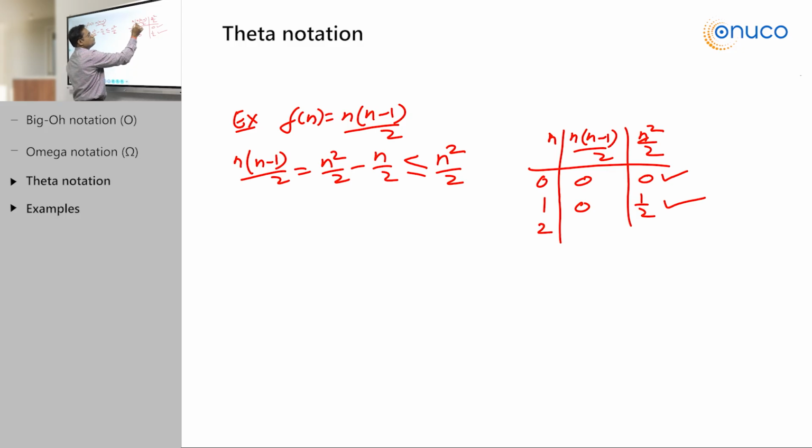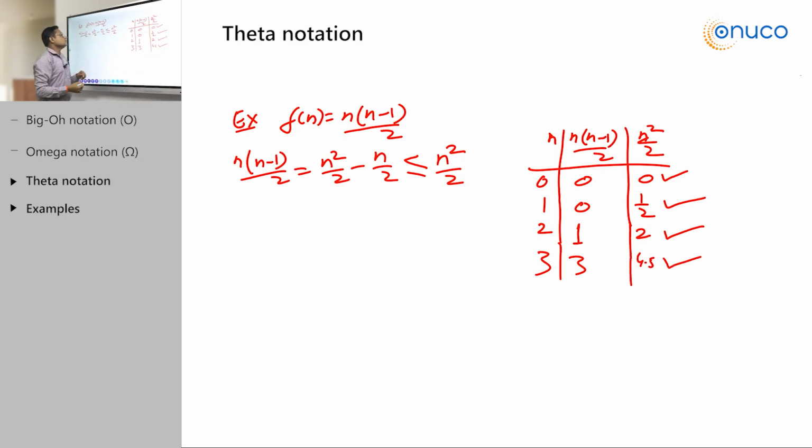For 2, 2 into 2 minus 1 divided by 2 becomes 1. Here 2 square by 2 is 2, so it is true. For 3, 3 into 3 minus 1 divided by 2 is 3. Right hand side is 3 square, 9 by 2, so 4.5, so it is true.